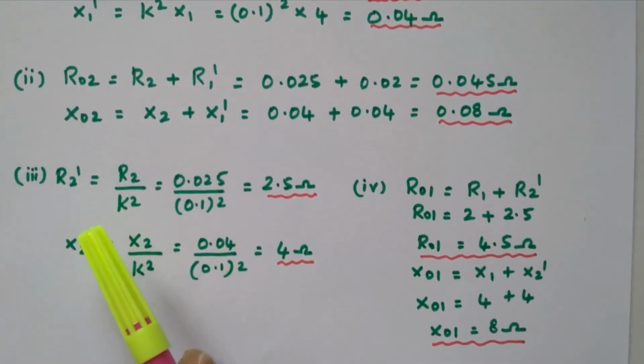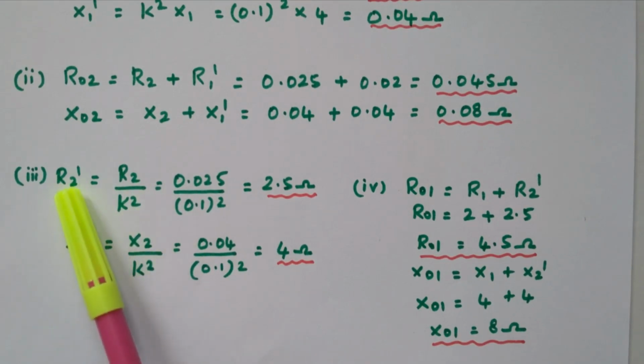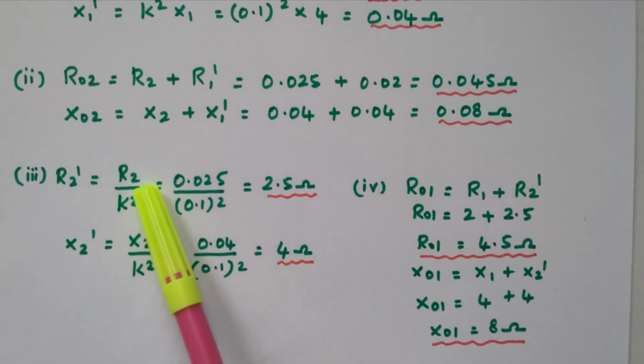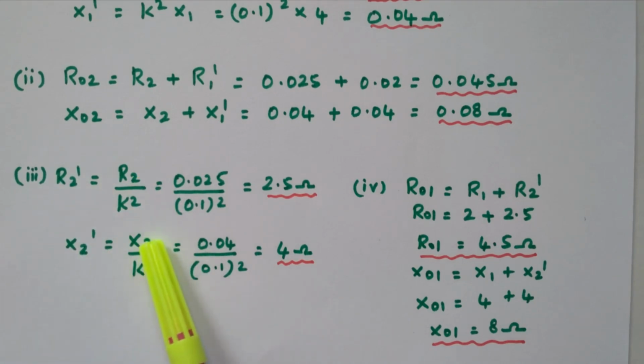We will find R2 dash, that is the third question, equivalent resistance and reactance of secondary referred to the primary. So, this R2 is the resistance of secondary, while transferred to primary it becomes R2 dash. Similarly, X2 becomes X2 dash. How will you find R2 dash? It is R2 divided by K square. In the previous case it is multiplied by K square.